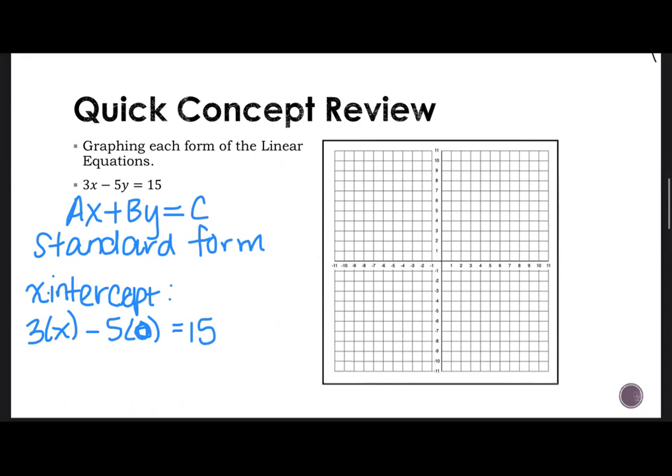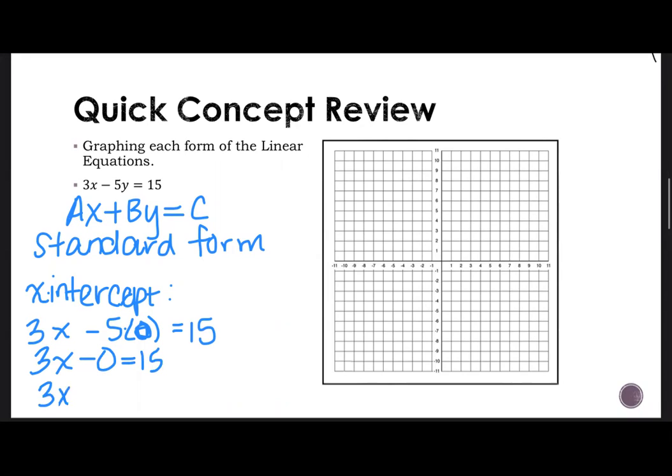So if we look at this, we have 3x. We don't necessarily need the parentheses there, so we can remove those. We'll just have 3x and then minus 5 times 0. Because there's no symbol in between 5 and 0, and there's just a parentheses, that does mean it's multiplication. So we'll have minus 0 here is equal to 15.